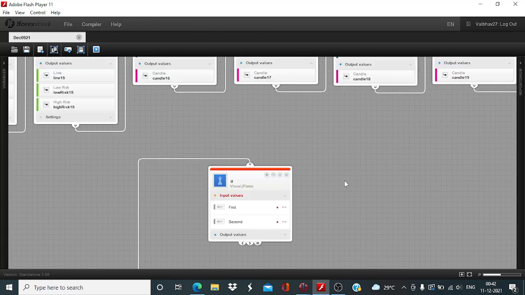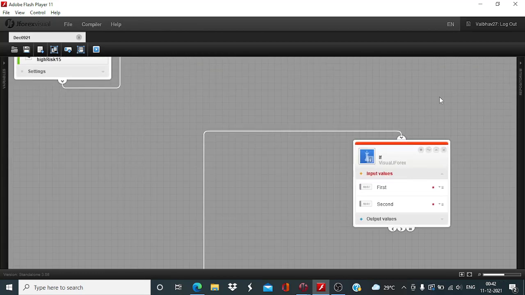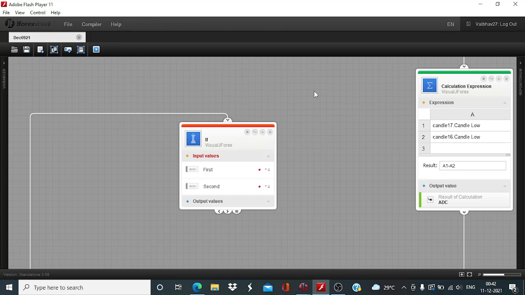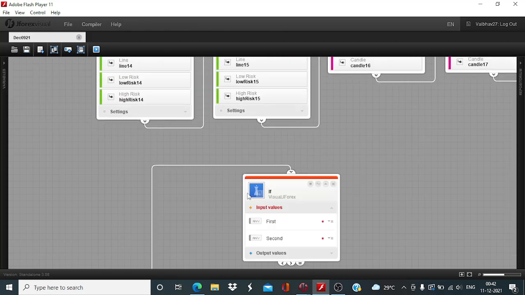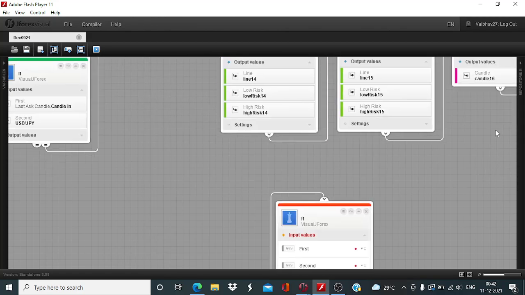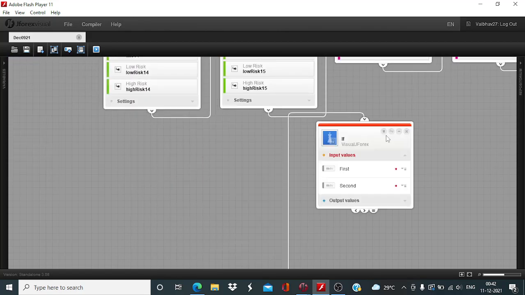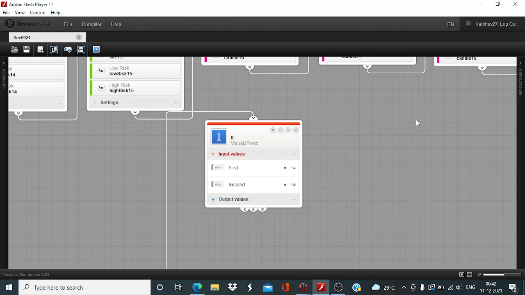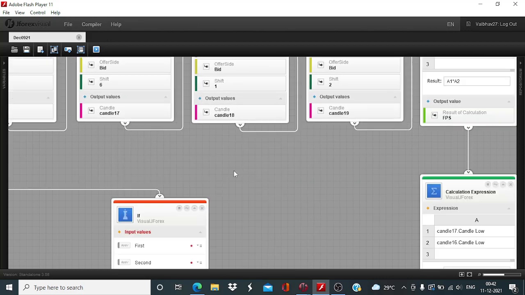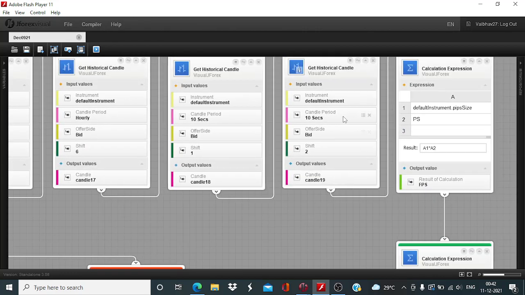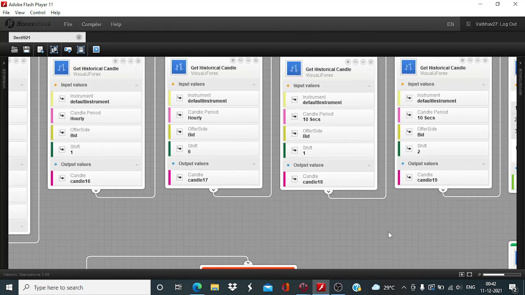Now we have to look to initiate the trade, and for that we will take the help of these two 10-second candles, candle 18 and candle 19.